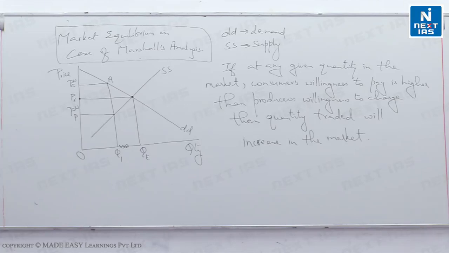Okay, do I assume you have written it till here? That if at any given quantity in the market, the consumer's willingness to pay is higher than the producer's willingness to charge, the quantity traded will increase in the market.